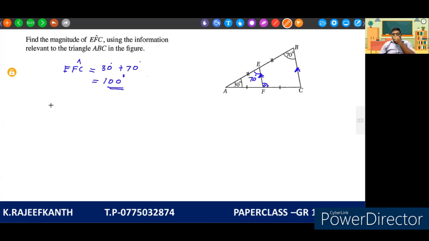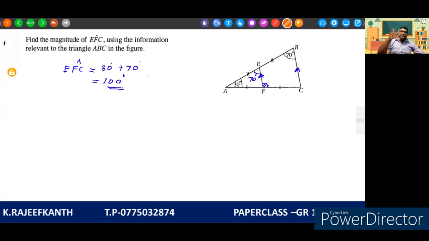Right? So by using the midpoint theorem, we can prove that EF is parallel to BC. The very first step is to write that EF is parallel to BC because of the midpoint theorem. After finding that these two lines are parallel, you have to use that corresponding angles are equal.